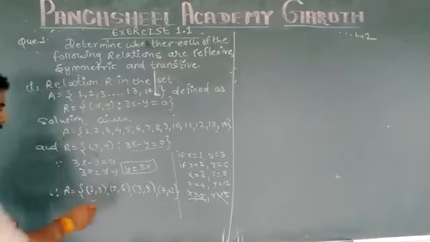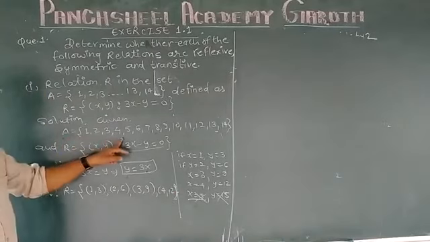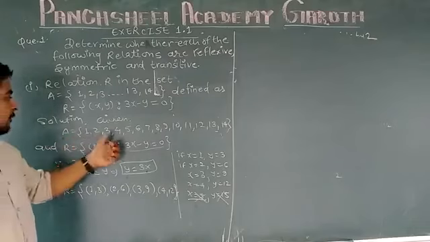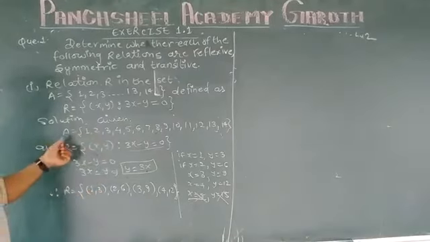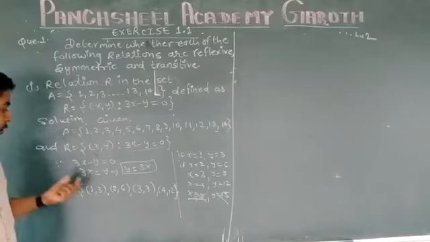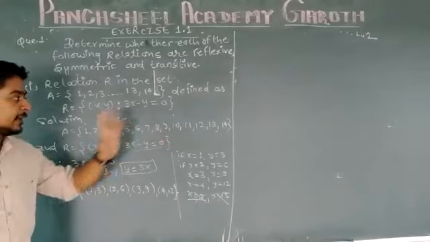We can simply say that for each element belonging to A, as you know, for a reflexive relation we need to get the ordered pair of the same element for each element defined in A.